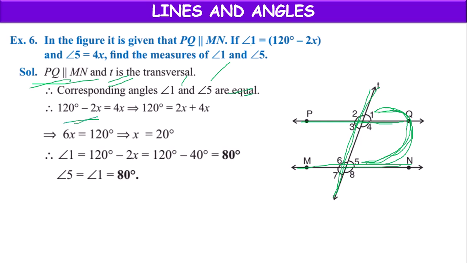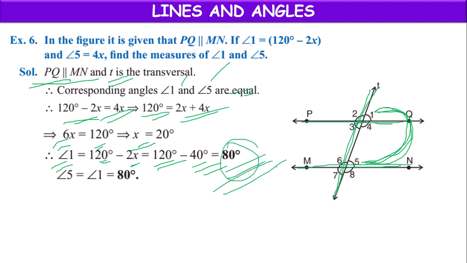Angle 1 is 120 minus 2x, angle 5 is 4x. So 120 equals 2x plus 4x, 6x equals 120, x equals 20 degrees. Angle 1 equals 120 minus 2 into 20, 120 minus 40, which is equal to 80 degrees. Angle 5 equals angle 1, which is also 80 degrees.